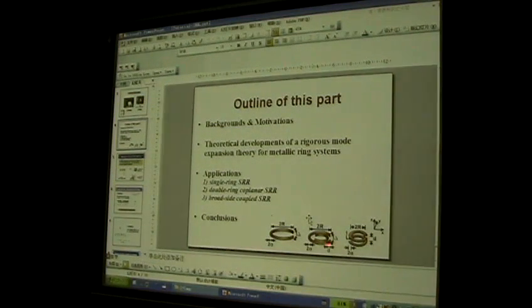So now we consider a geometry like this. There are two rings, but the two rings are on different planes, and they are strongly coupled to each other. And then we apply the theory to study the EM response of these structures.